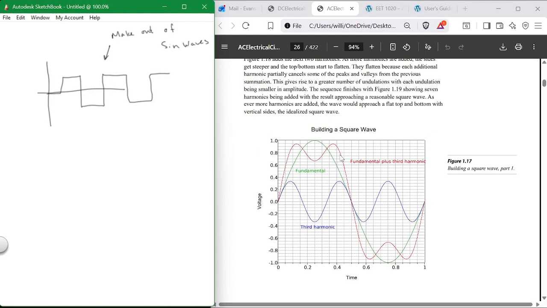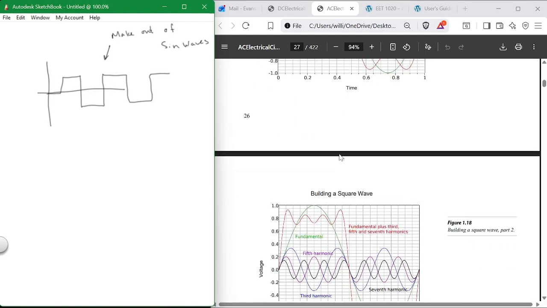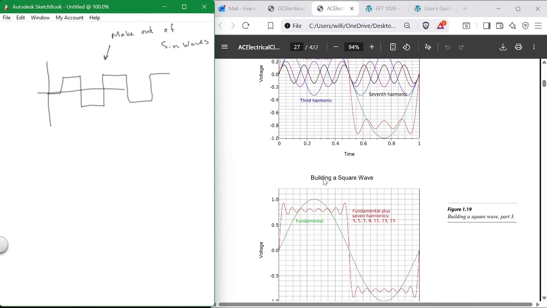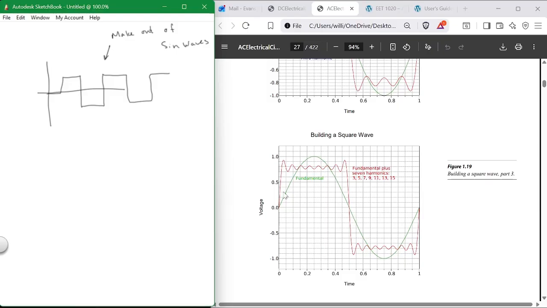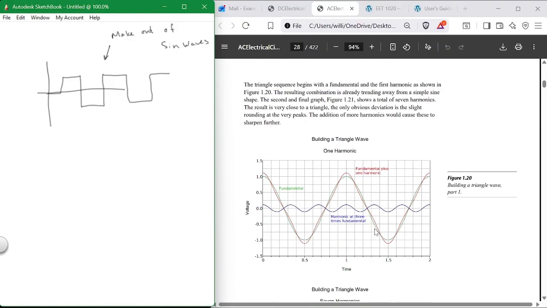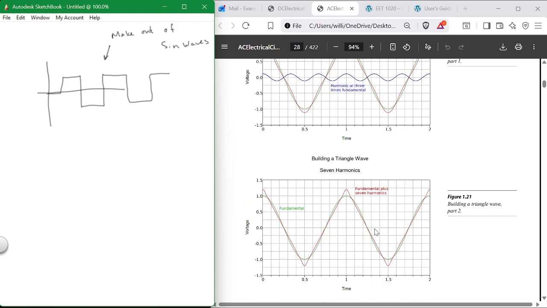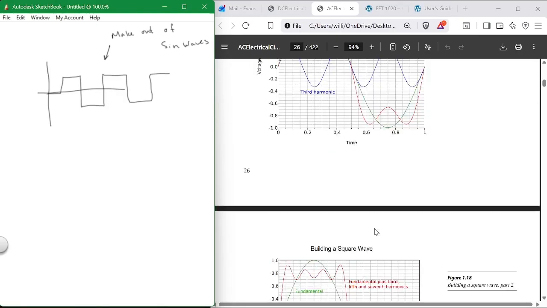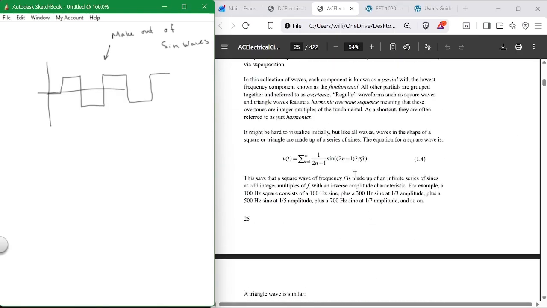Now, why is this important? Well, you have a series of signals, and you can see how you can build this out of a bunch of signals, but it really doesn't matter until you get down to these higher frequencies and these signals right here.